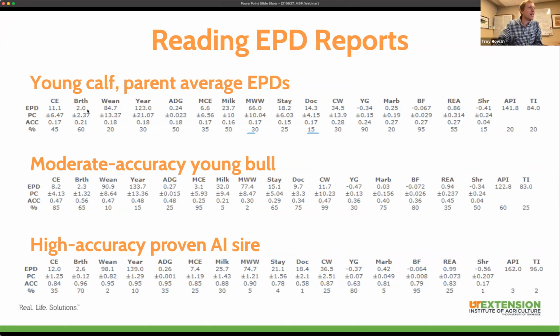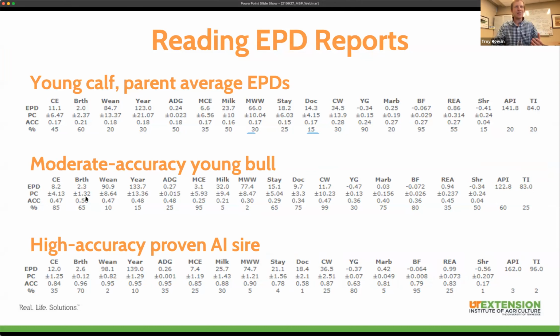And here's a good example of this as we compare across a young calf who doesn't have any information except for its parent average EPDs. That possible change is really big. That birth weight could end up in the negatives, or it could end up all the way up close to 4.5, right? So that could do a lot of shifting around as we add more information.